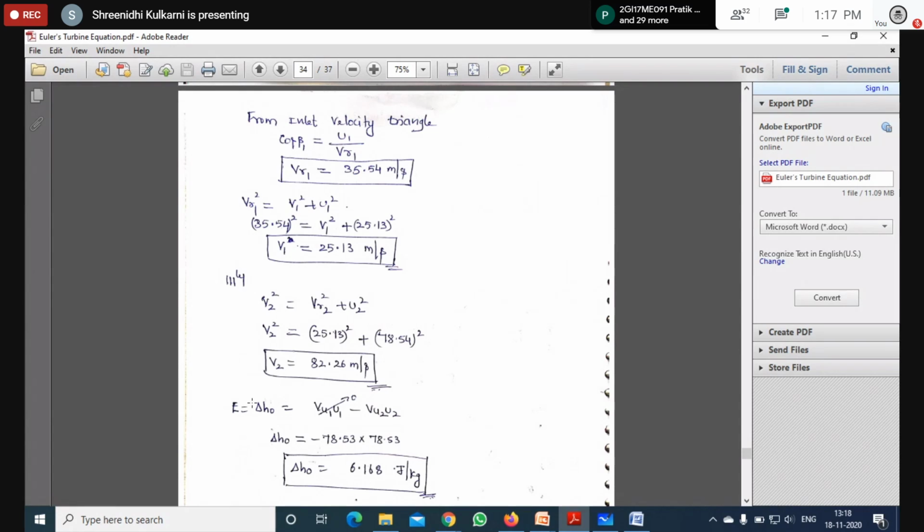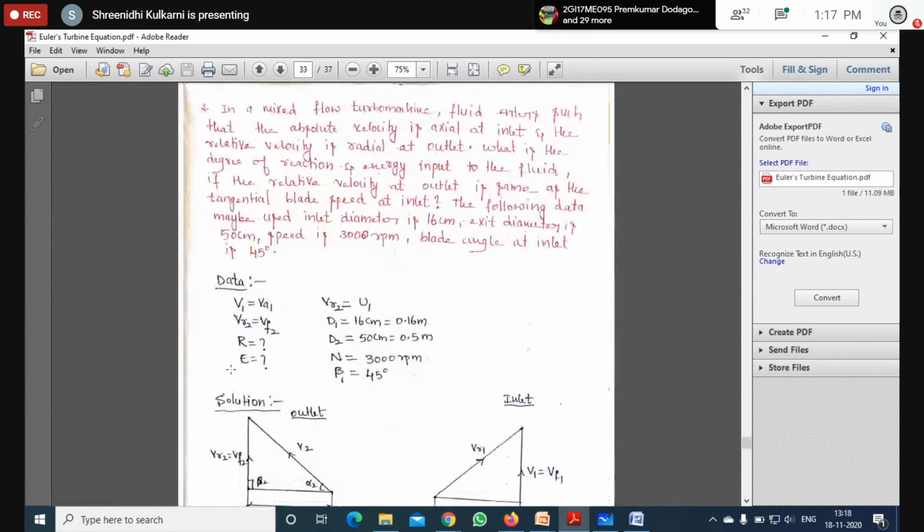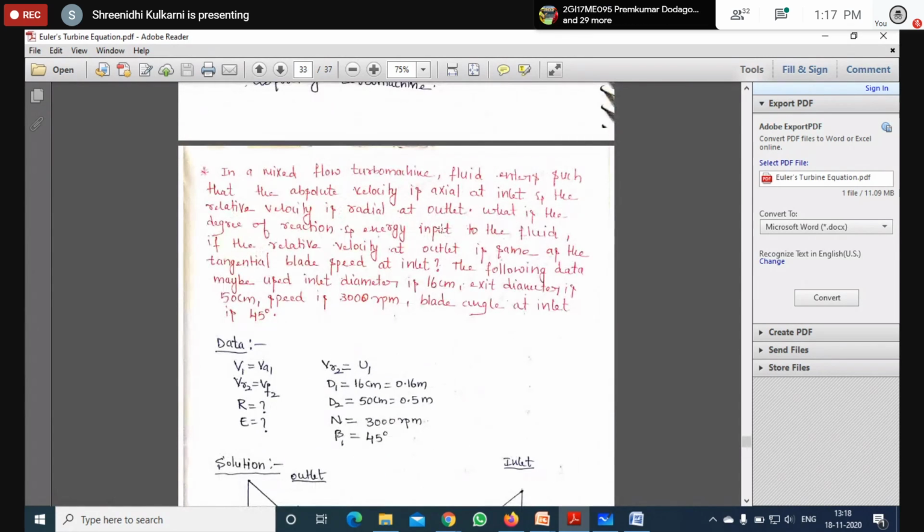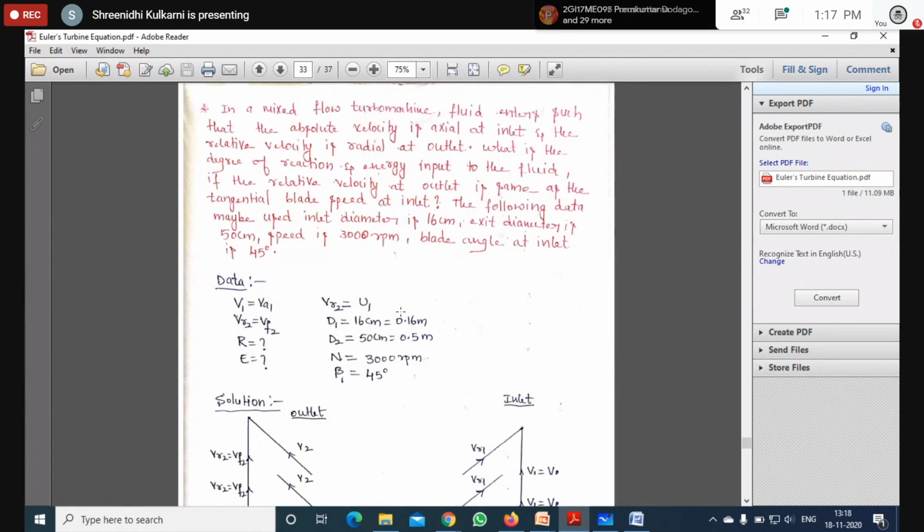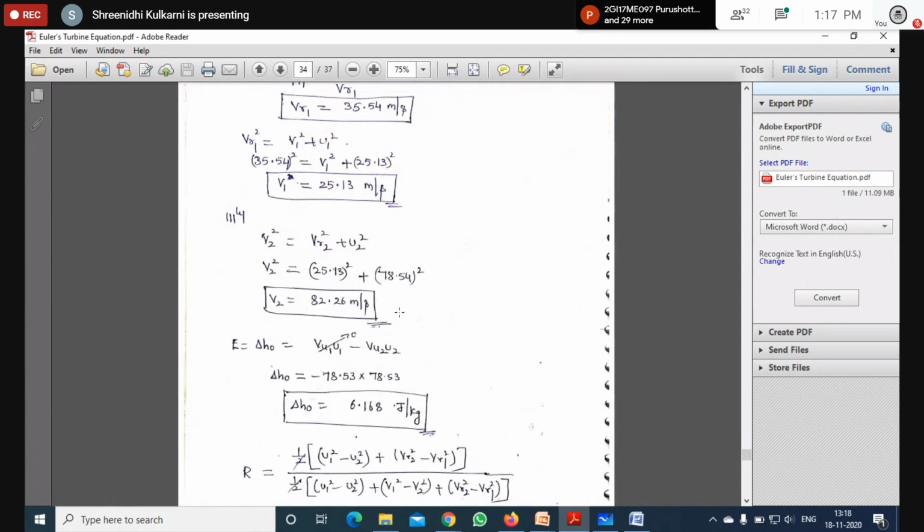Next we have to find out the energy input to the fluid. That is the Euler's turbine equation. So E is equal to VU1 U1 minus VU2 U2.